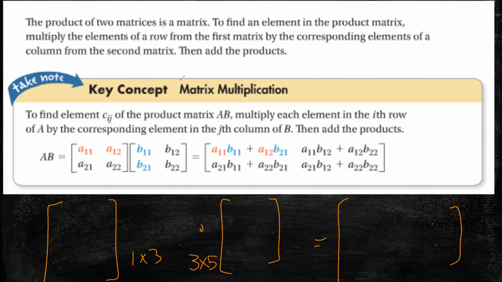We can multiply two matrices with different dimensions, but we must have the number of columns in the first matrix equal the number of rows in the second matrix. If they are equal, you can say that they cancel each other. So our new matrix has dimension 1 times 5.